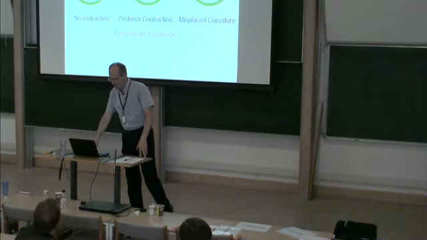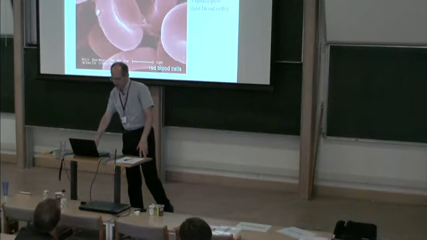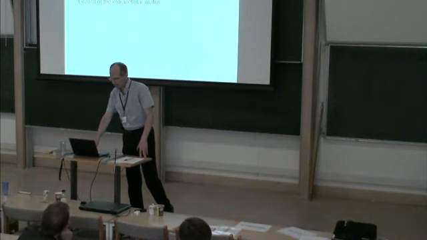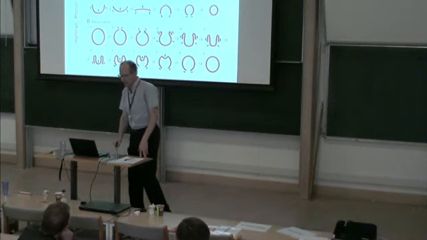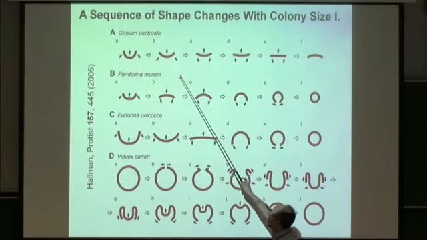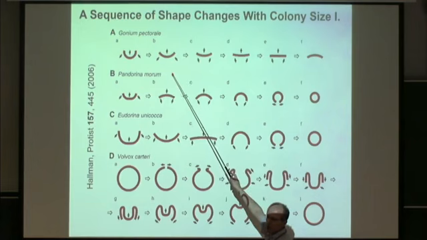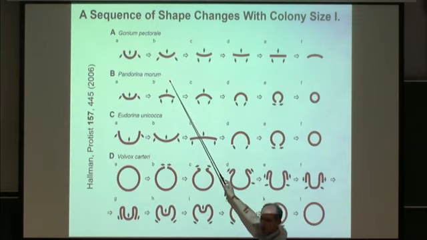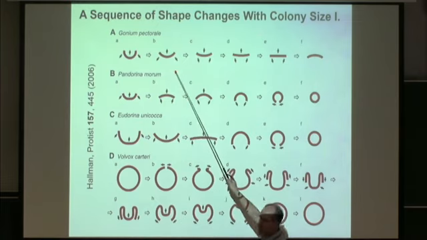So my standard answer to most of these questions is we don't know. But one thing to say is that this business of, quote, inverting is present even in the smallest cell sheets that are not closed like a sphere, but just a little kind of cup-like shape in Gonium.